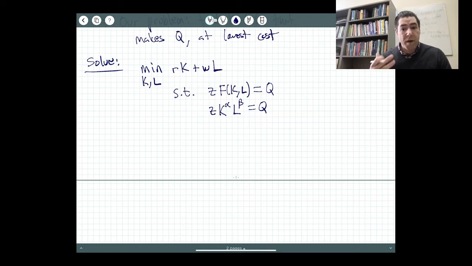And I think it's actually best solved as the cost minimization.